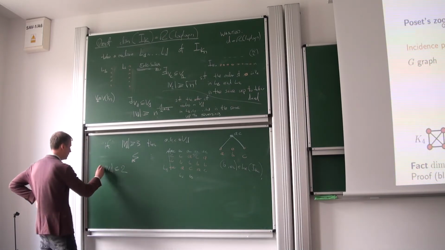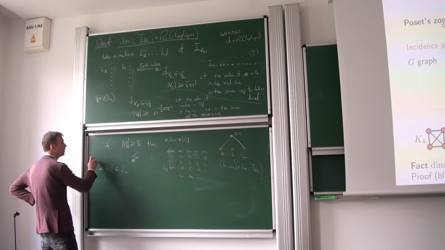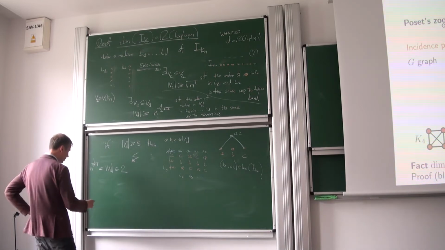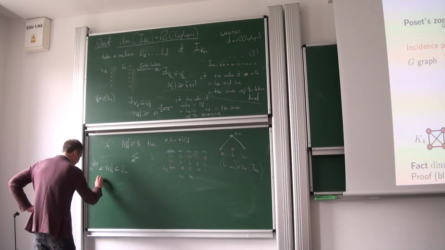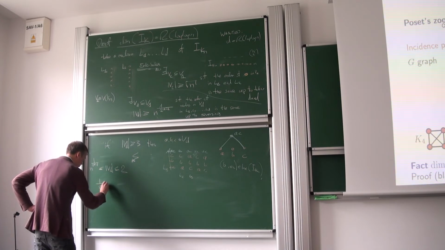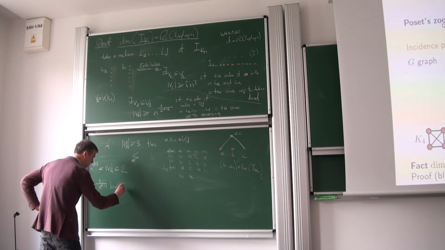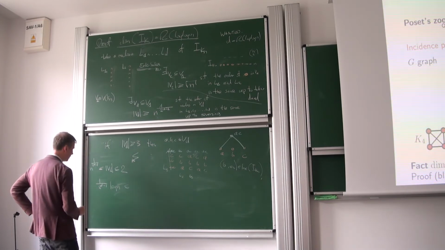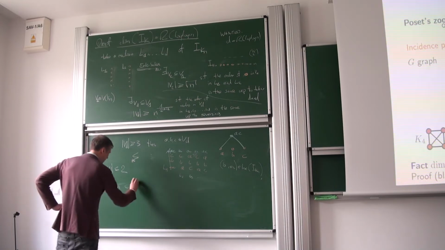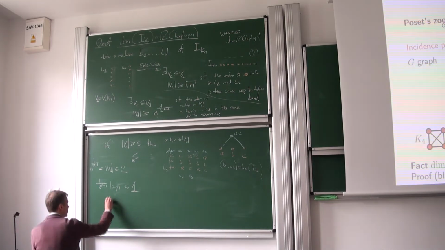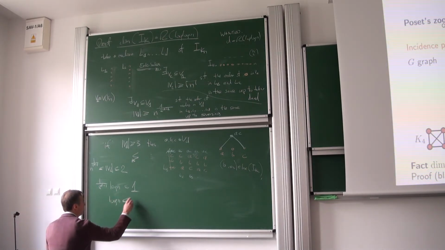On the other hand, we have a lower bound on it, which is n to the 1 over 2 to the d minus 1. So if we take a logarithm, we have 1 over 2 to the d minus 1 log n. I'm terribly slow, sorry.